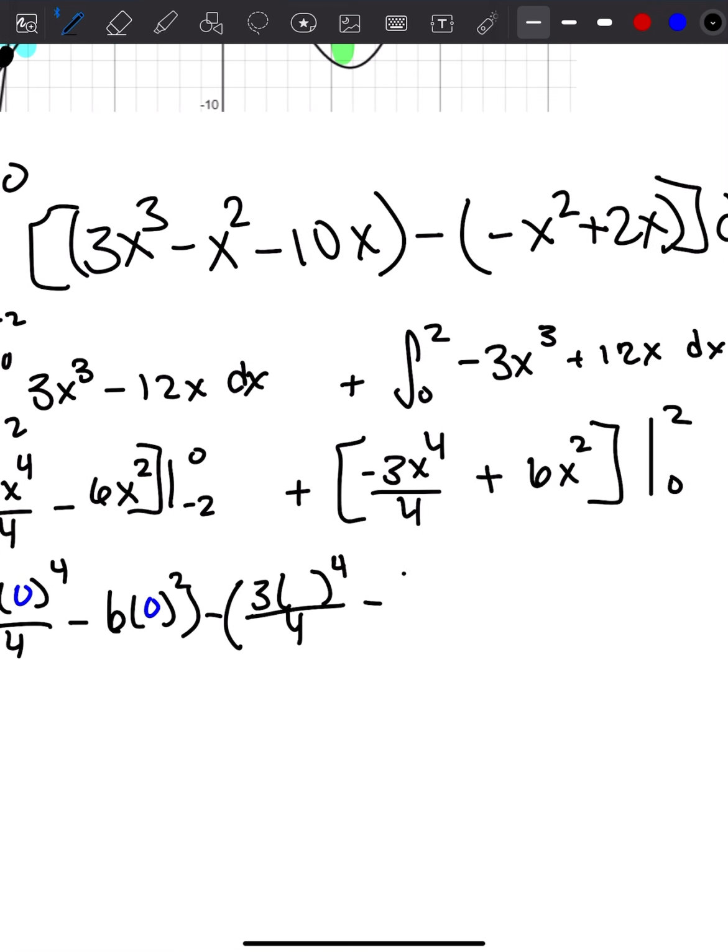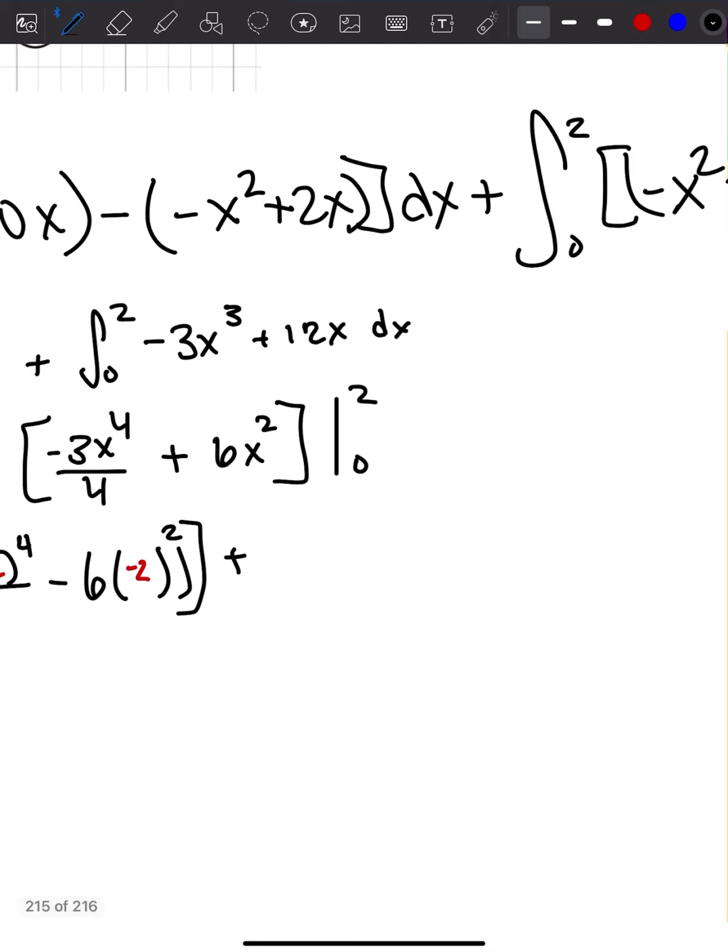We have minus 6 times negative 2 squared. I can simplify one and then write out the other, or I can write them both out and then simplify it all together. So our second part here, we have the same thing, except for x to the 4th over 4 is negative.